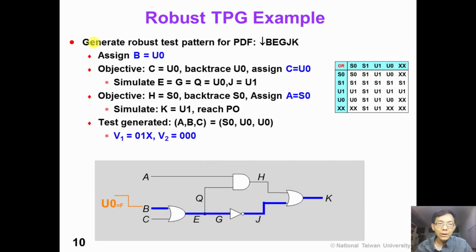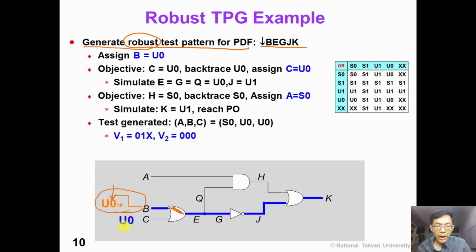Okay, now let's generate a robust test pattern for the same path delay fault BEGJK, which is highlighted in blue. At the starting point B again, we assign B to be U0. Now we want a robust sensitization through this OR gate. Since 0 is a non-controlling value, we don't require a static 0.